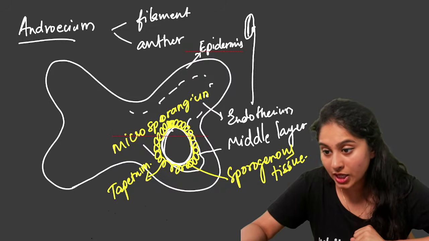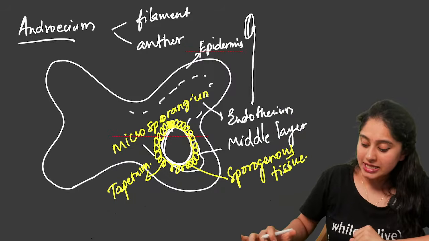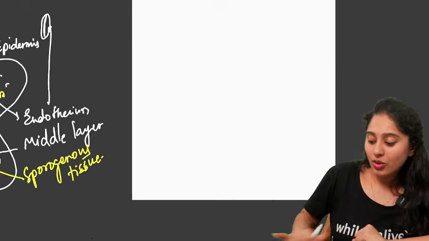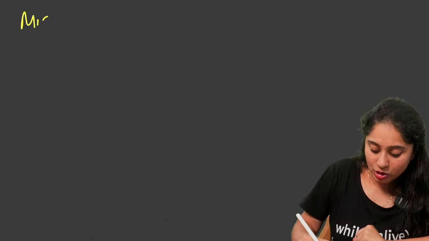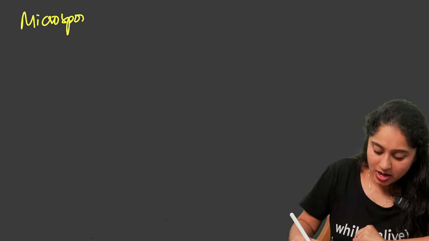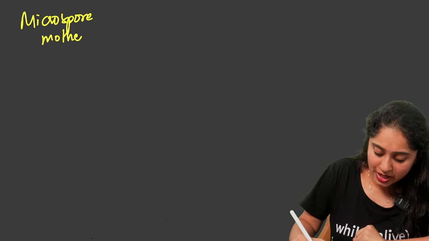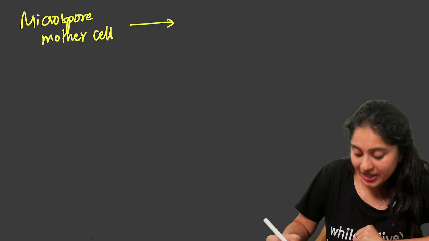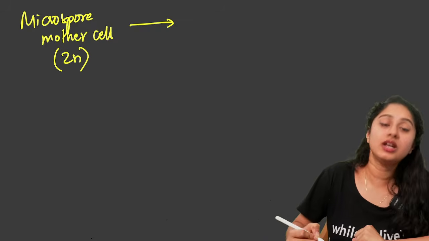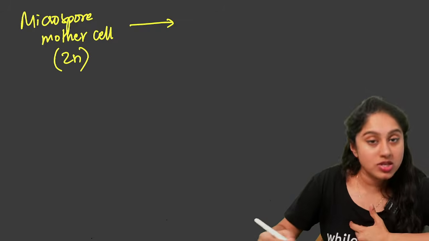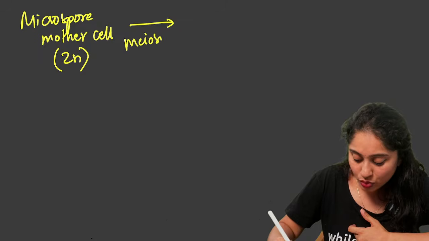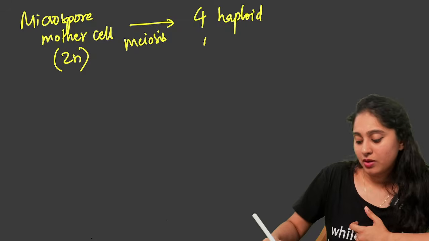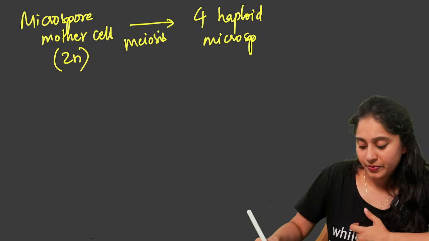Clear to everybody? Now, inside the microsporangium there is a microspore mother cell. This microspore mother cell is going to undergo meiosis and form 4 haploid microspores.